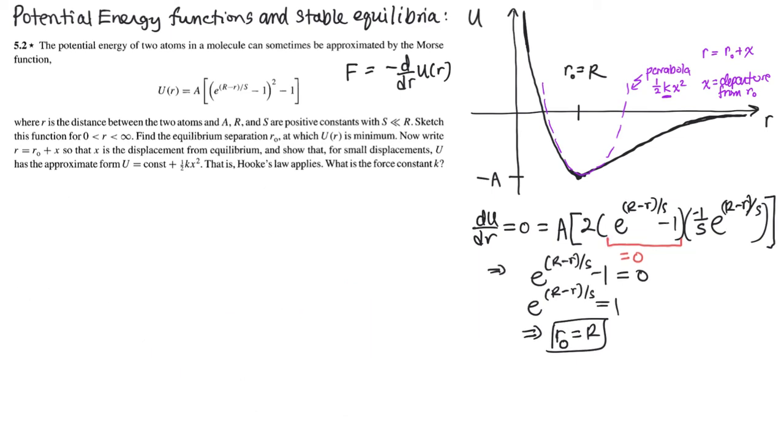So let's find out. So how do we make this approximation? Well, we're going to use this statement that near the equilibrium, we'd like to express our potential in terms of x, where x is the displacement from the equilibrium.